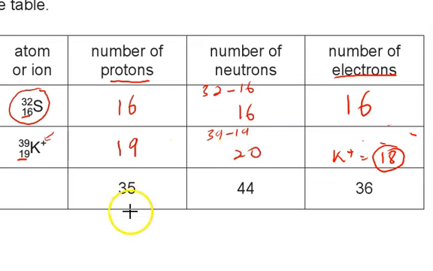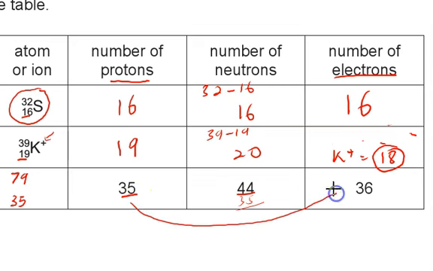Okay, now for the proton and neutron, we add together, we'll be getting 79. All right, 79. And here if you look at it, the proton is 35. Okay, and then here there is a small difference where the electron is 1 higher, so you should have a negative sign.